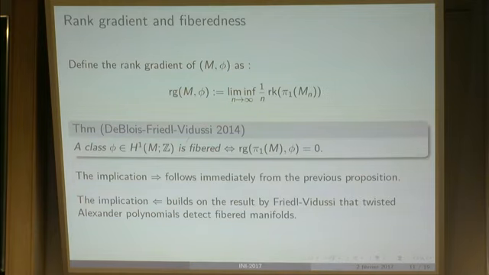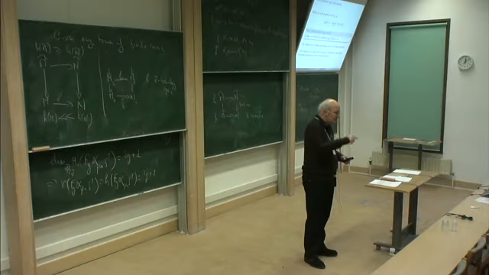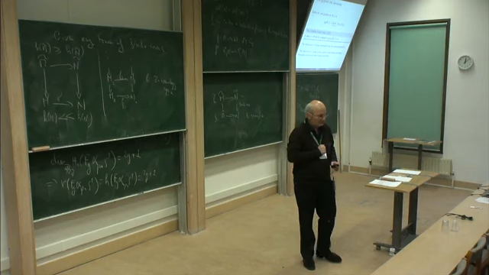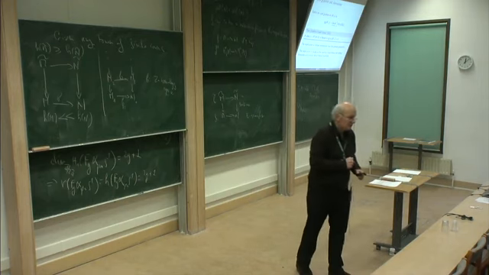So Lackenby's conjecture, which is still open, is that if you have a tower of coverings where, I will say, the genus gradient is 0, then you must find in this tower some bundle. But this is not known.